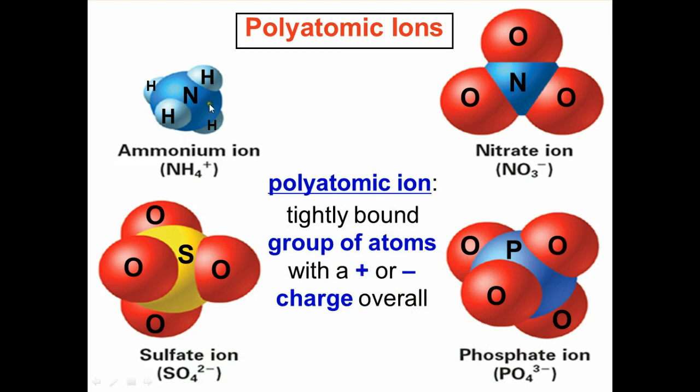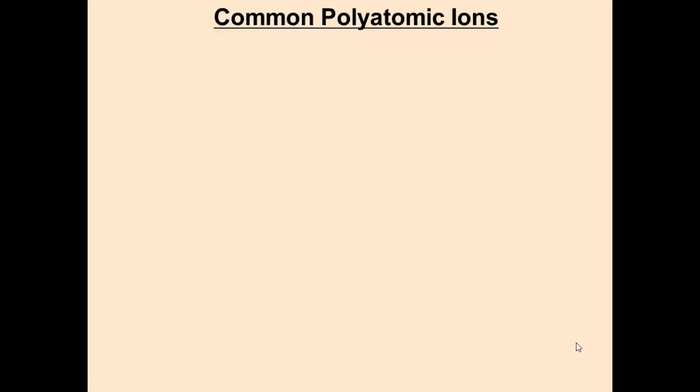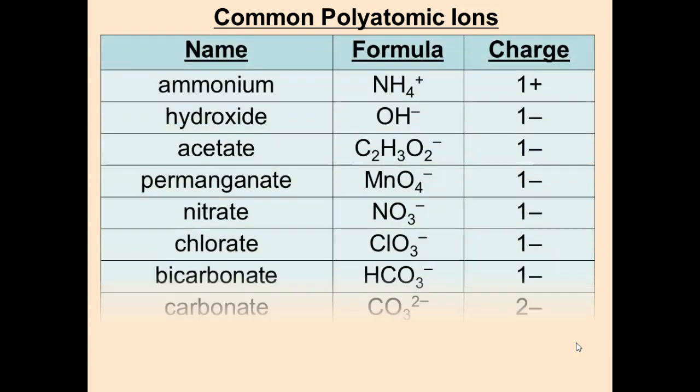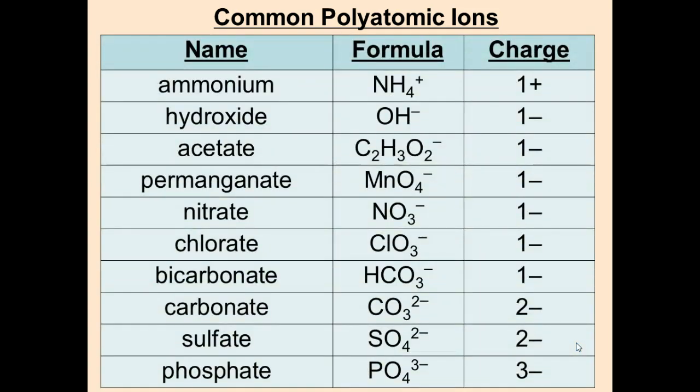And so here are examples of polyatomic ions. So NH4, which is ammonium, and is a 1+ charge. SO4, which is sulfate, and then nitrate, and then phosphate. And so here are some common polyatomic ions you'll be working with in this unit.